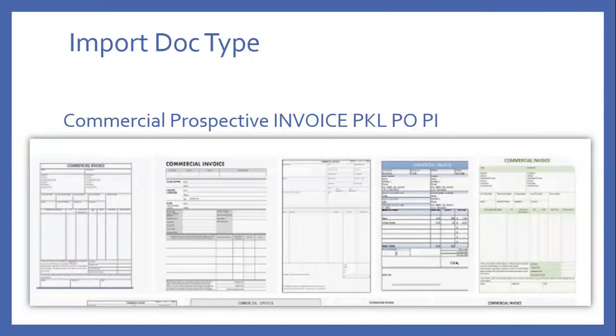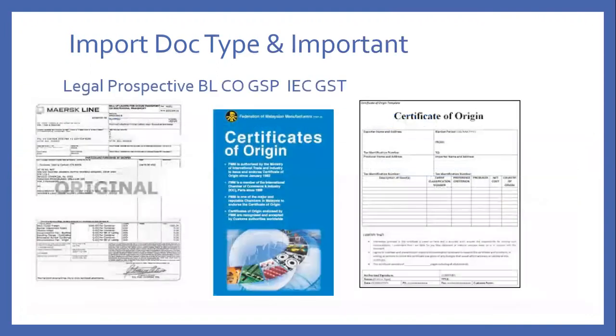So the packing list is just informing the details regarding the goods, the stuff in the containers, which are going to be dispatched for the particular shipment. In certain cases, the packing list may differ.